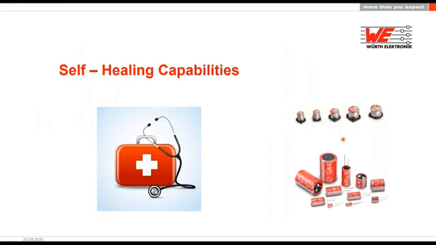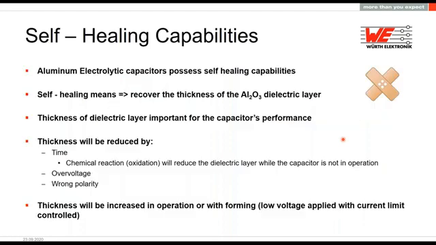Then coming to the self-healing capabilities of the different technologies, because they act in different ways. Aluminum electrolytic capacitors have self-healing capabilities. Self-healing means, imagine the oxide layer is the separation between plus and minus. When the oxide layer is damaged, leakage current will increase, and in the worst case scenario there will be a short.